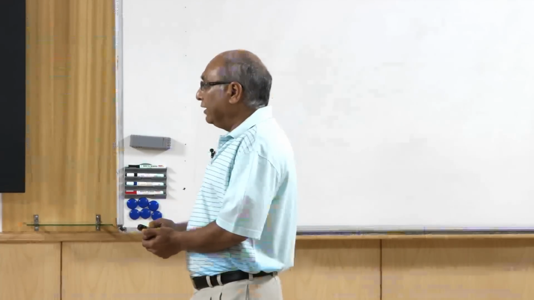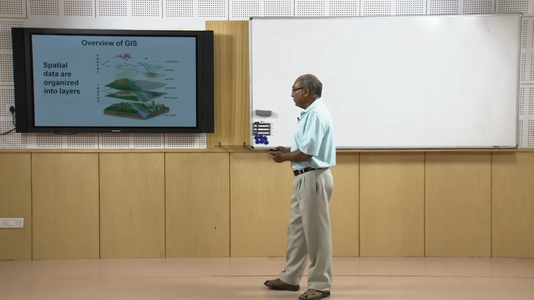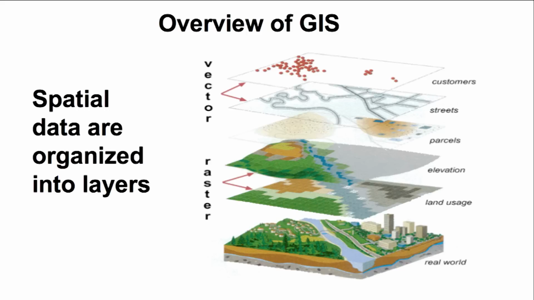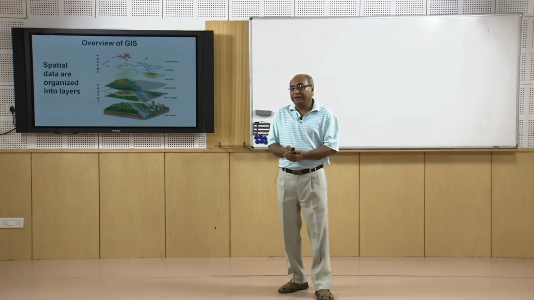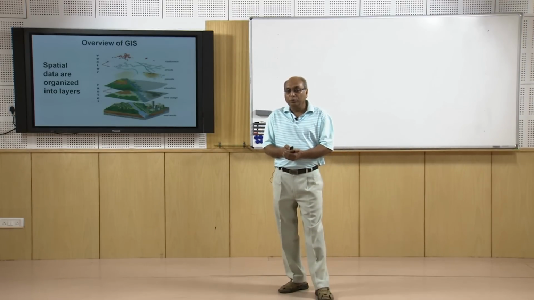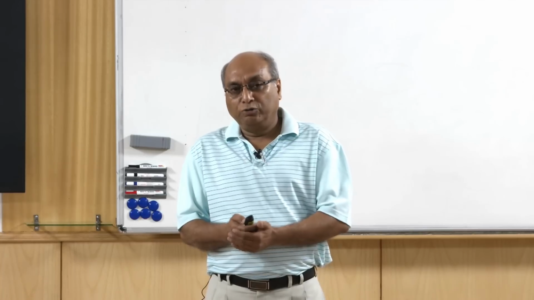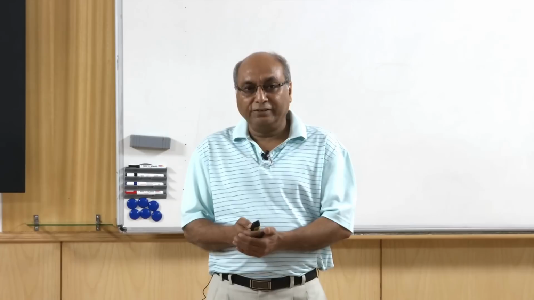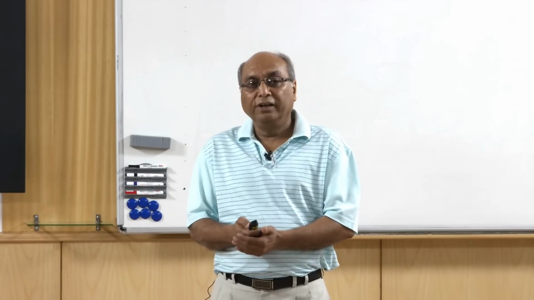As we discussed in the previous lecture with this figure, the real world is segmented or discretized into different layers, and in order to achieve analysis, modeling, or prediction, we need different components.